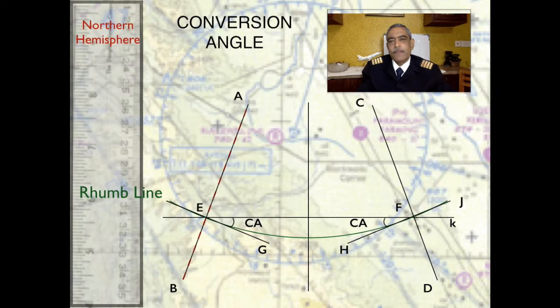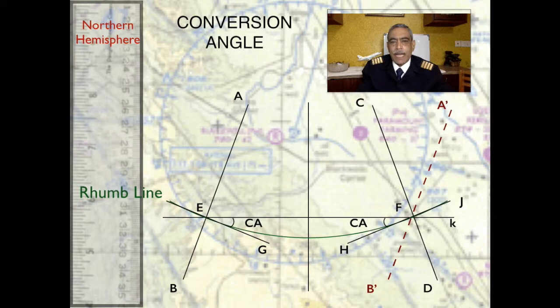Now what I have done is transpose this AB once again onto the point F, which is parallel, and I have named it as A dash and B dash. So I wish you all to spend some time in trying to understand this picture.